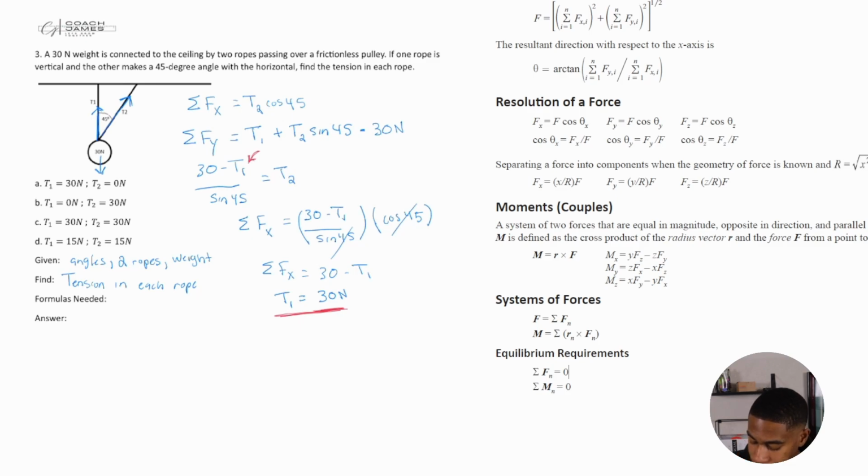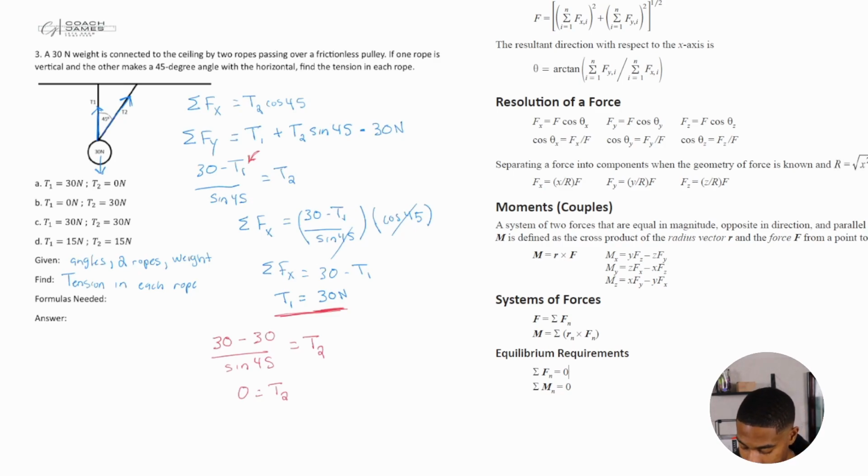That makes sense. So 30 minus 30 over the sine 45 equals T2. So 0 is equal to T2. Okay. So T1 is 30, T2 is 0, and so I get my answer to be A.